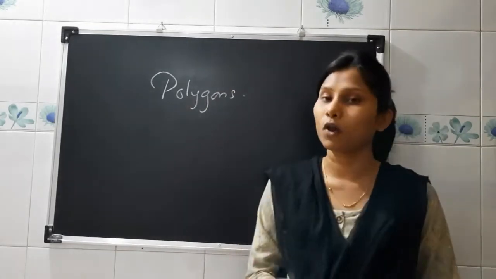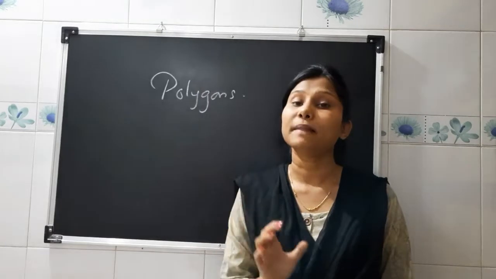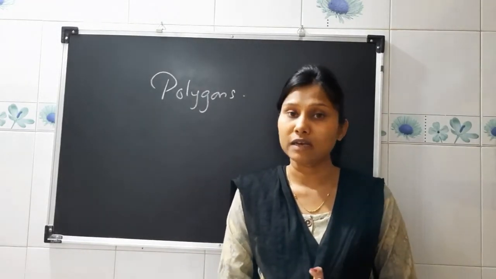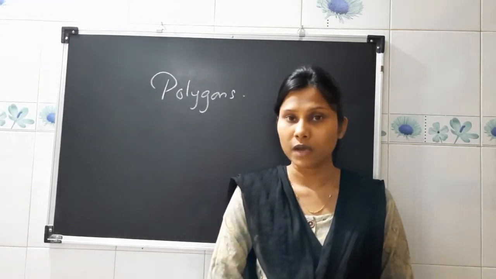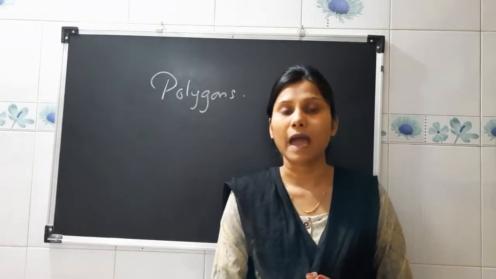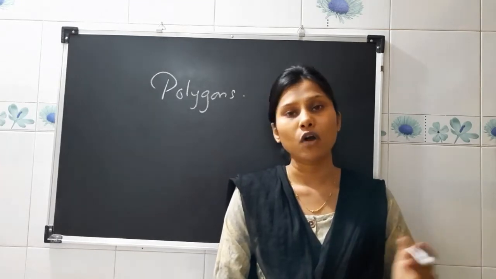Polygons. What are polygons? See, a polygon is a plane figure which is obtained by joining at least 3 points with 3 lines and 3 angles, and typically 5 or more.